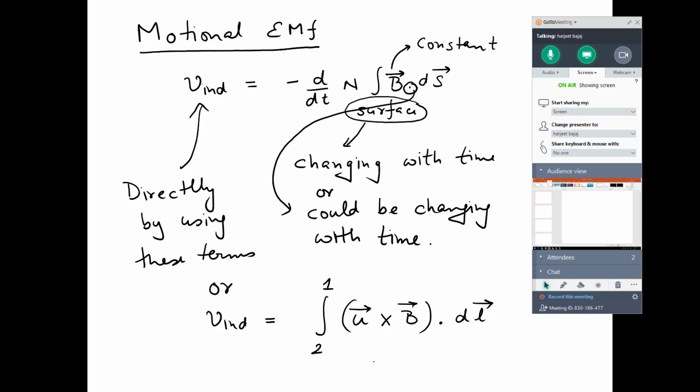U is the velocity with which the circuit is moving, B is the magnetic field, and dl is the path you're going to take on the circuit.